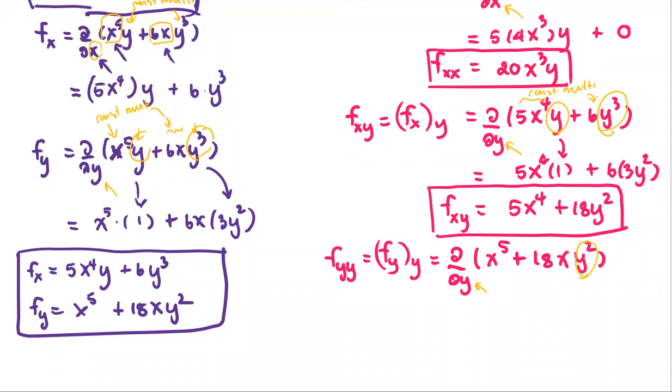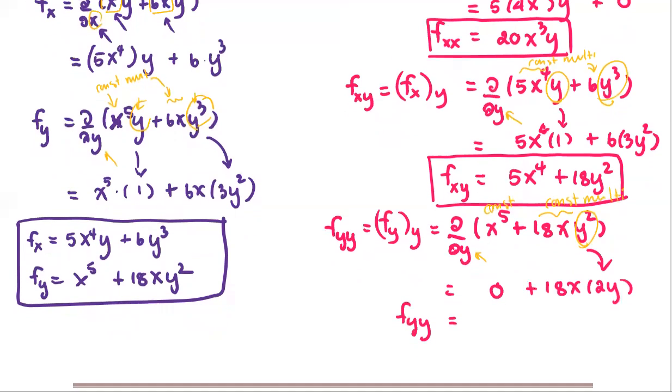The rest is going to be constant. x to the fifth stands alone as a constant, and 18x is the constant multiple. Derivative of x to the fifth is 0. Derivative of the next one is 18 times x times 2y. Now we have fyy, or the second partial derivative with respect to y, as 36 times x times y.